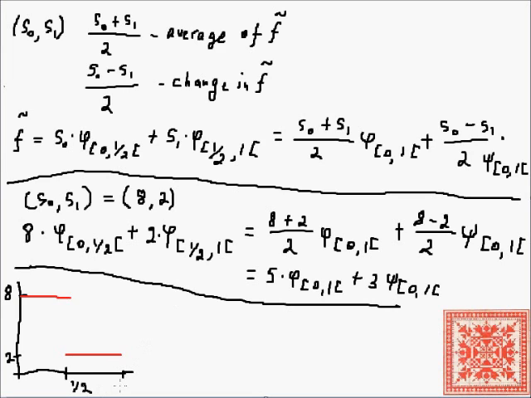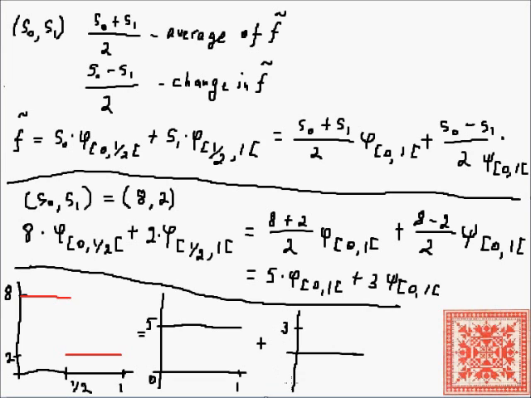And this can be represented as the average, which is 5, over the entire interval from 0 to 1, that is 5 times phi from 0 included to 1 excluded, plus the basic wavelet whose coefficient is 3.